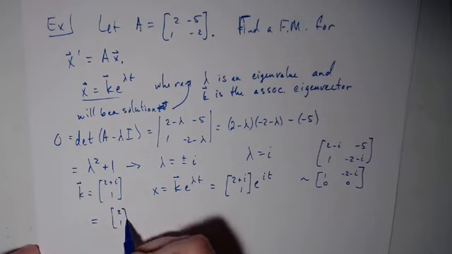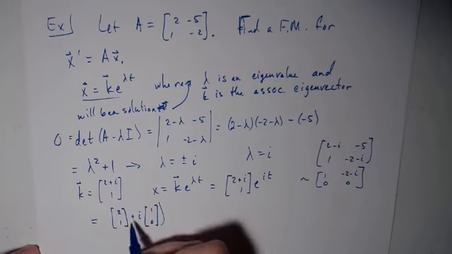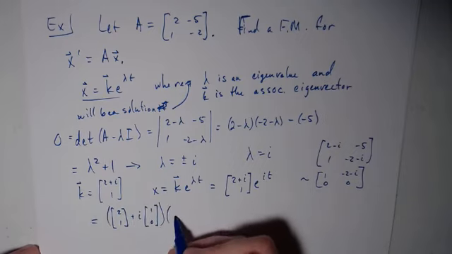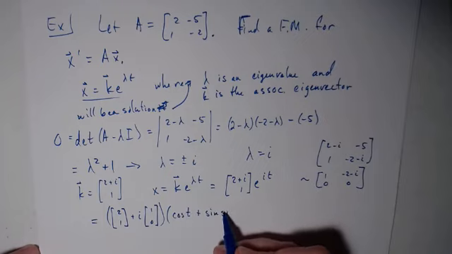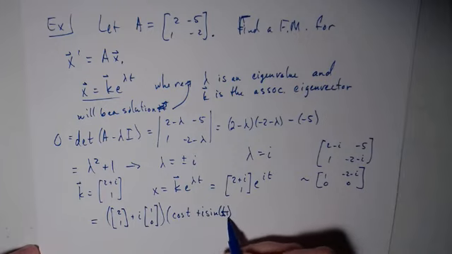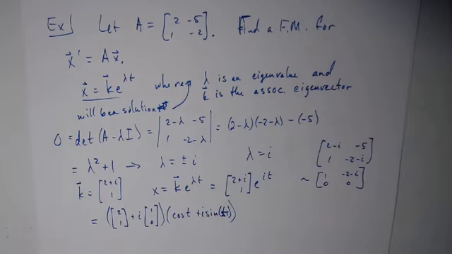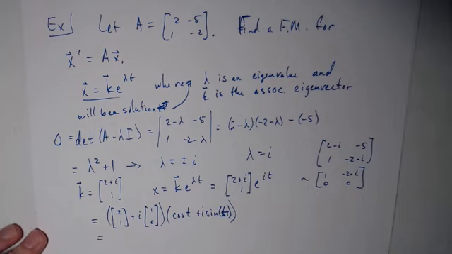So that's 2, 1 plus i times 1, 0 from my k. And e to the it is cosine t plus i sine t. We're looking for the real part and the imaginary part of this x. Those will be our solutions.